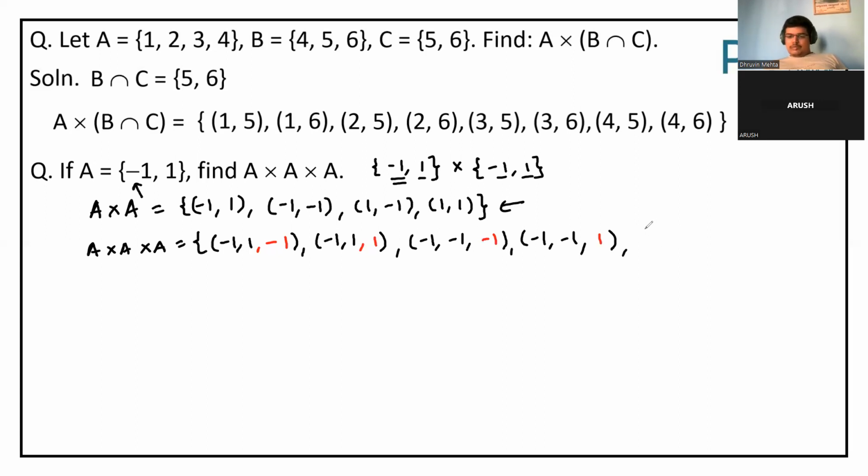So the next element from A × A is (1, -1). Then we will have -1 over here. We have (1, -1), and we will have 1 over here.